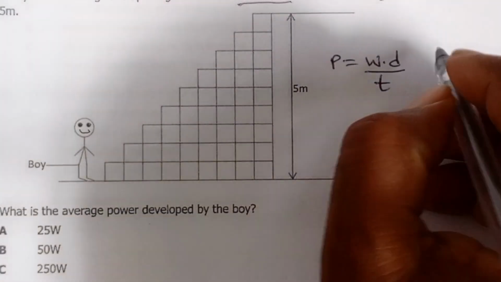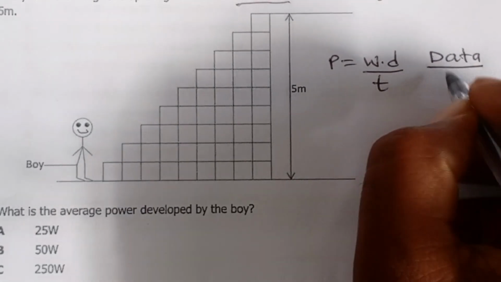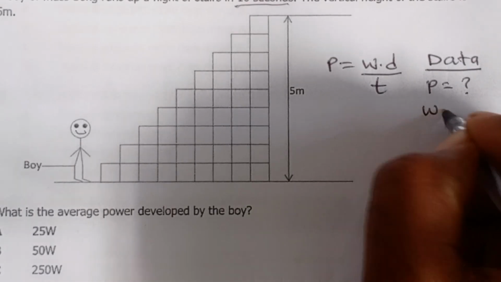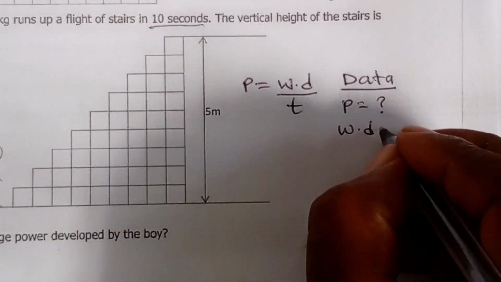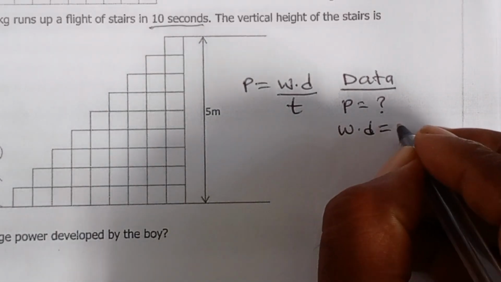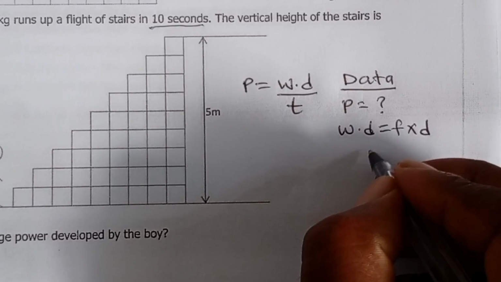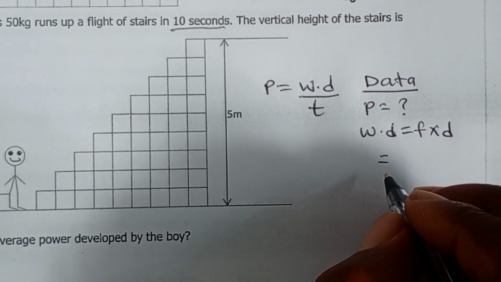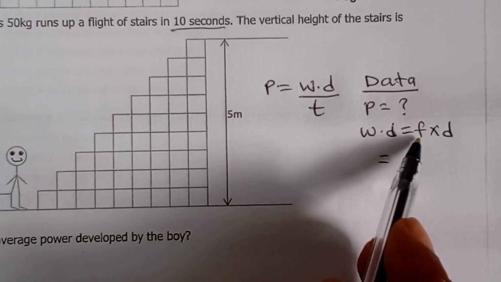So data correction. Power is what we want. Work done we don't have. So work done is equal to force times distance. We don't have force, instead we only have mass. So we need to convert this mass to force.